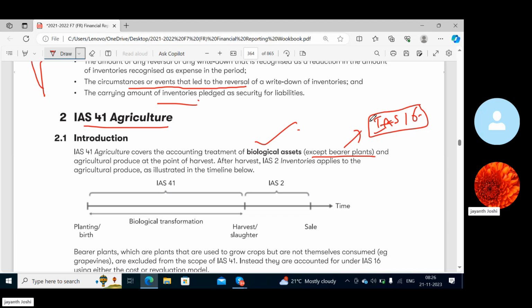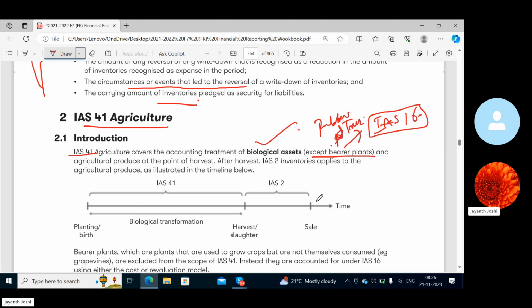Rubber trees give rubber for a very long span of time, so you get economic benefits not within one year but more than that. So it cannot be taken under the category of agriculture, it will be taken under property, plant and equipment, right? So this particular standard deals with all the biological assets except these, like rubber trees. I have given an example to you.